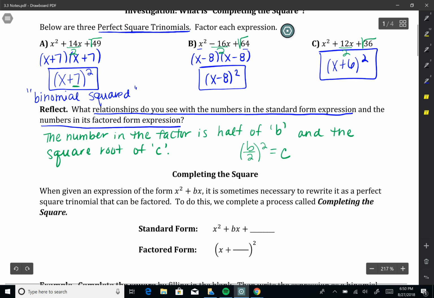Yep. Letter B, negative 16 divided by 2 is negative 8, negative 8 squared is 64. And C, 12 divided by 2 is 6, 6 squared is 36.